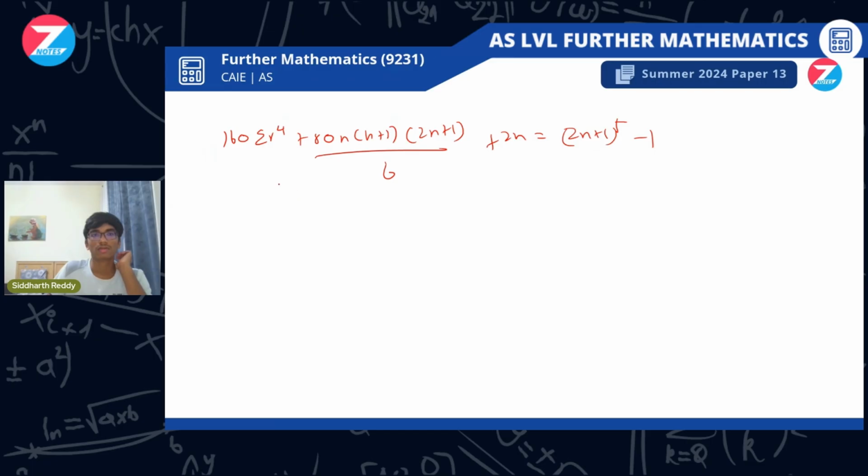Okay, so we have (2n+1)^5 minus 1 minus 2n minus 80/6 times (n+1)(2n+1)n.